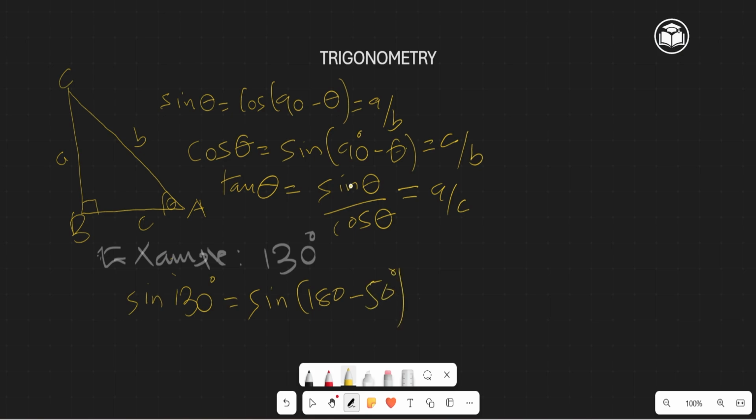The numerical value for sin 130 is the same as that of sin 50.